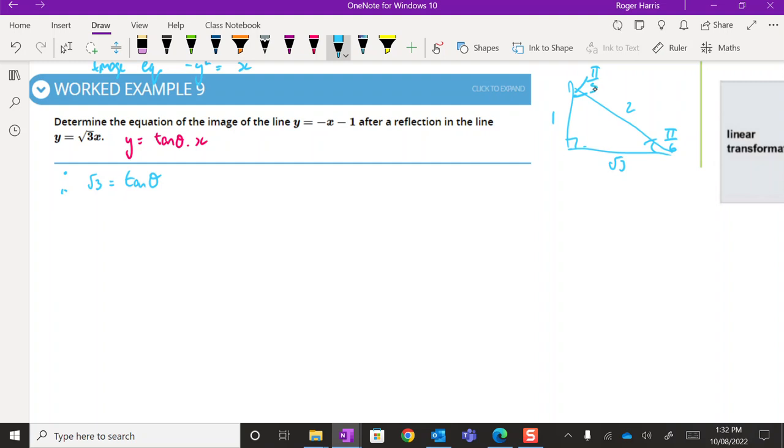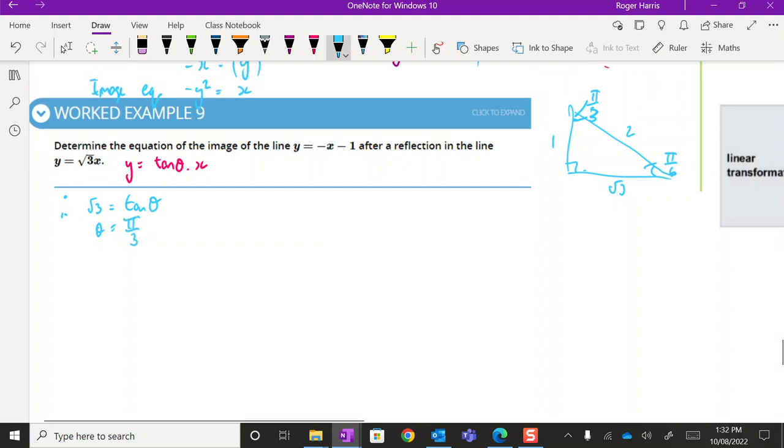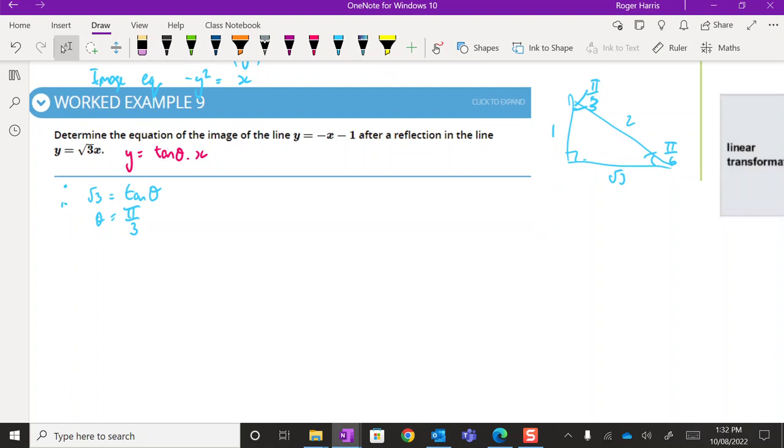So my theta will be opposite over adjacent to get root 3, so it's going to be pi on 3. So theta is equal to pi on 3. Okay, so next we would need to create that as our matrix, and it's 2 thetas by the rule, nothing else. So I've got t is x1, y1.